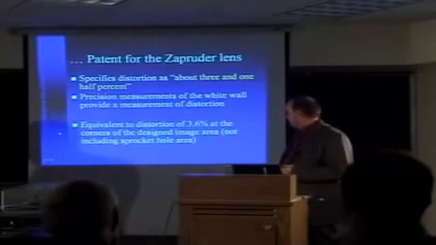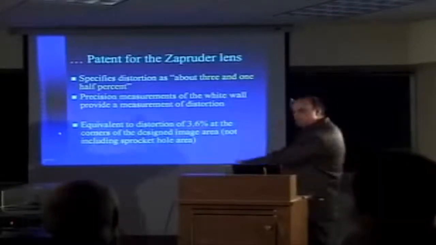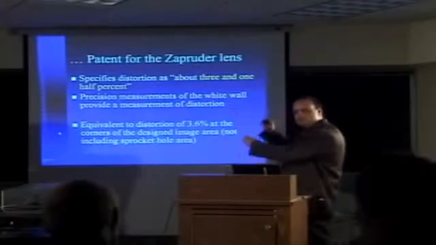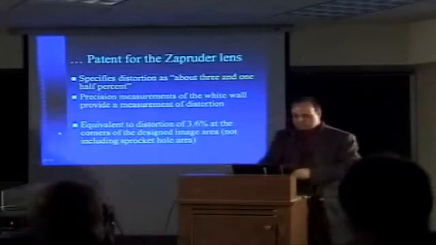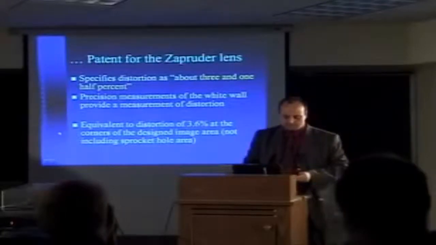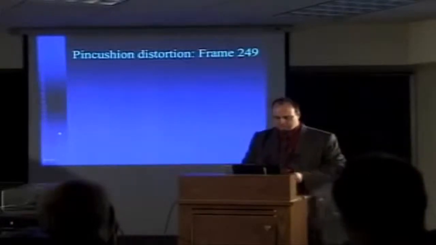It was equivalent to 3.6% at the corners of the frame as it was designed, not in the sprocket hole. 3.6% seemed to be consistent with the patent, and suggested that we had a good understanding of the distortion.